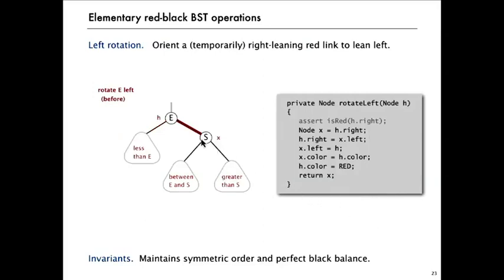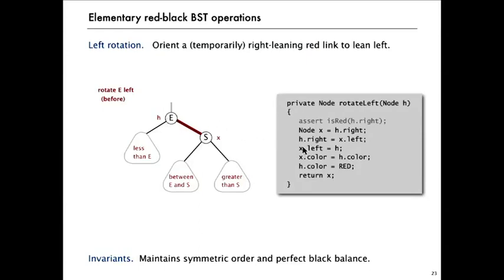If we start with a right-leaning red link, first thing we do is take the reference of h.right and save that in x. So that's the node that's going to be the new root of the three nodes, so to speak. And then x.left after the rotation is going to be h.